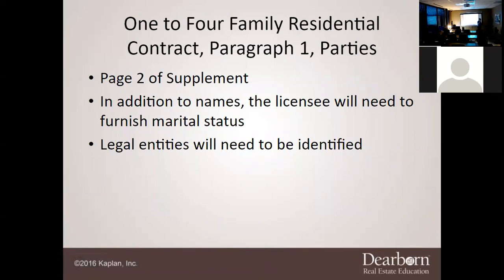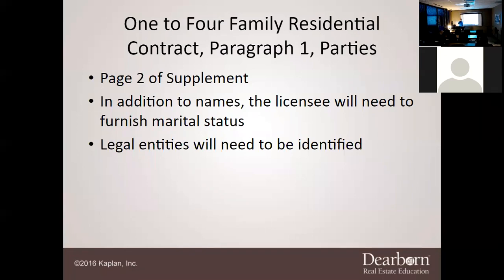Now, on the exam, remember, even though in real life, if Mr. and Miss Stahl are purchasing a house, we're not really going to say Travis Stahl and Elizabeth Stahl, comma, husband and wife. We don't actually say that. Okay? We actually just say Travis Stahl and Elizabeth Stahl, period.